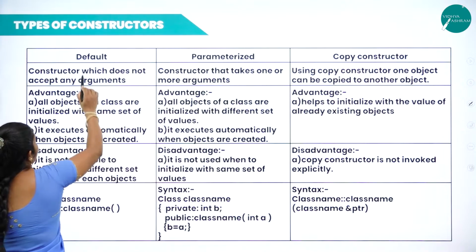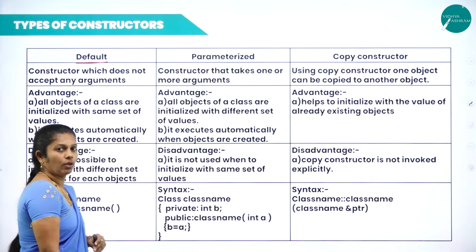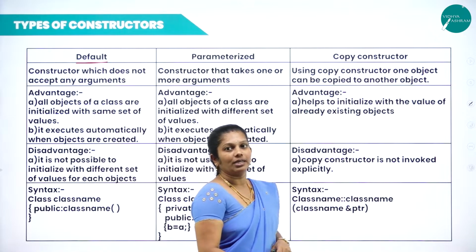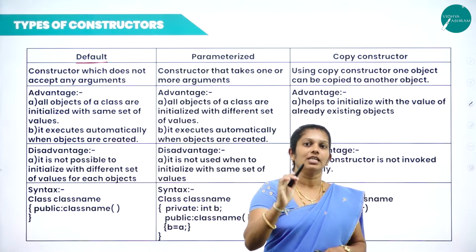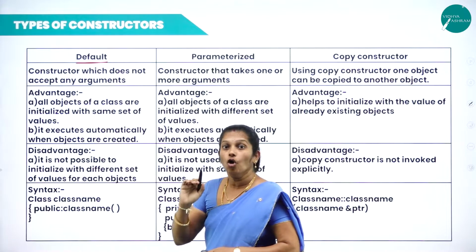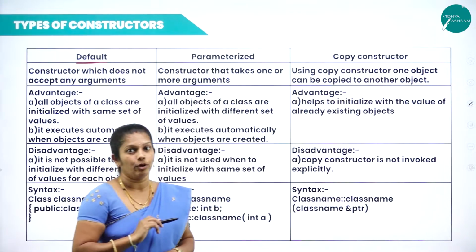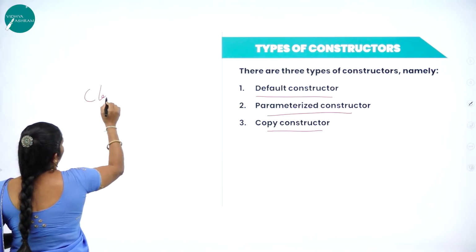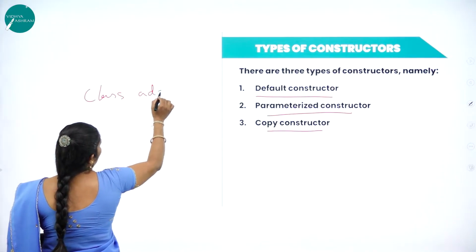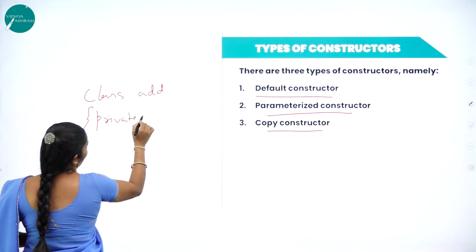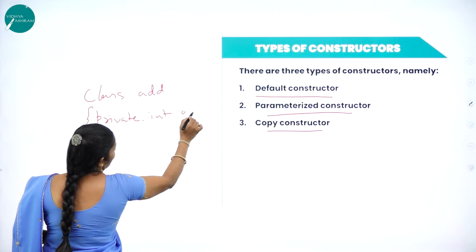The first one, default constructor. What do you mean by this default constructor? In default constructor, the constructor which does not contain any arguments, that can be called as default constructor. For example, consider I am creating a class. Class name we are given as add. In this private section, we are declaring the variable, for example, int a.